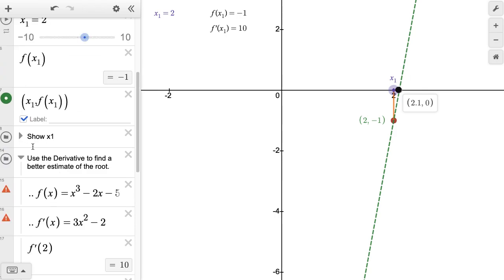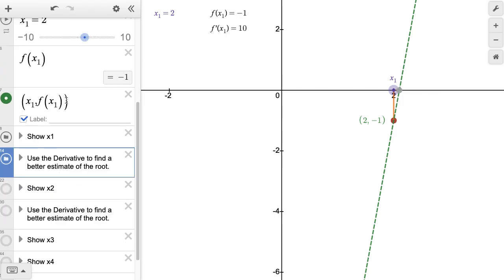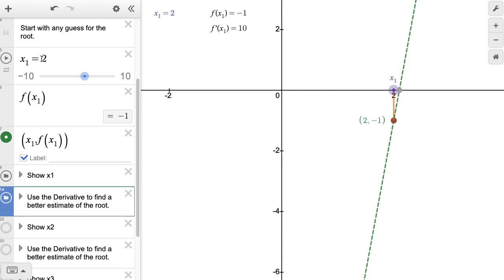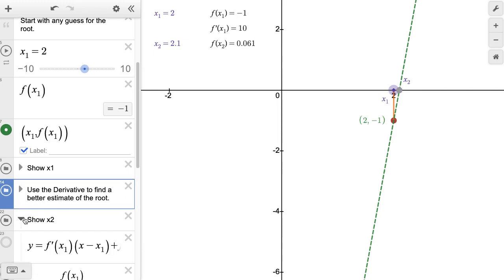So I started with a guess of 2, and basically Newton's method gives me a way of refining my guess and getting a little bit better of a guess using the derivative. So my next guess is 2.1.